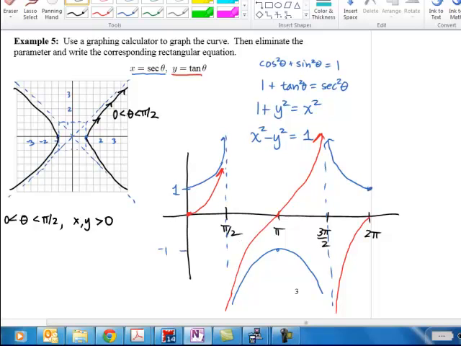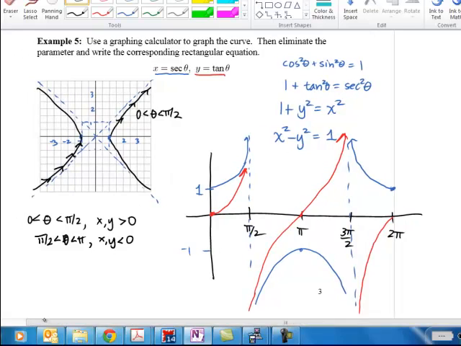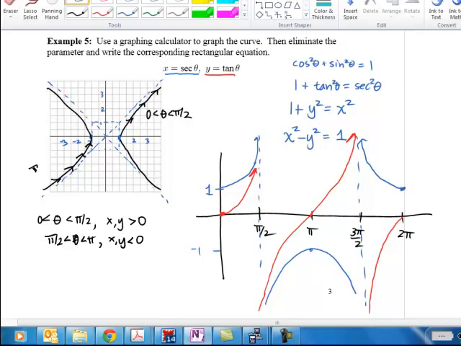Then for theta between pi over 2 and pi, the x and y, the tangent and the secant are, or secant and tangent are both negative. And that happens over here. And the closer we get to pi, the closer the tangent value gets to 0, and the closer the secant value gets to 1. So we're moving in toward that point, and this is for theta between pi over 2 and pi.